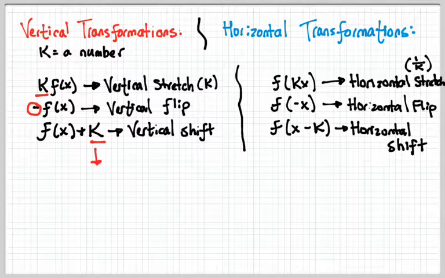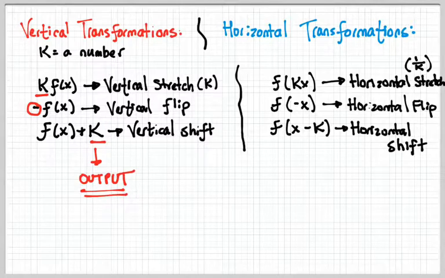It is always applying to your output. So with vertical transformations, the k value is applied to the output. Now contrasting this to horizontal, the k, or the transformation, is always applied to the input, or what is inside the parentheses.